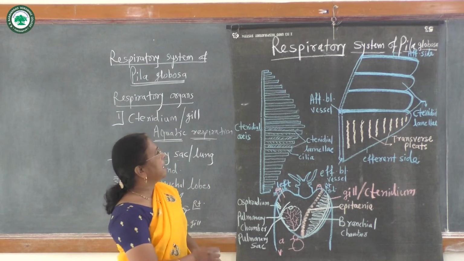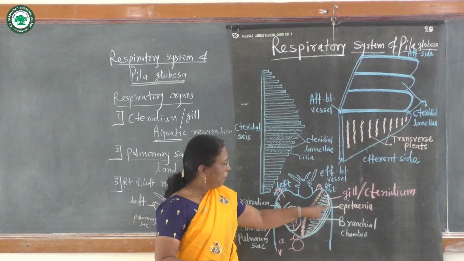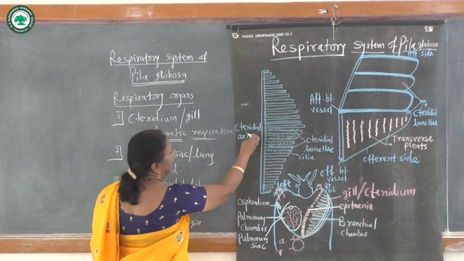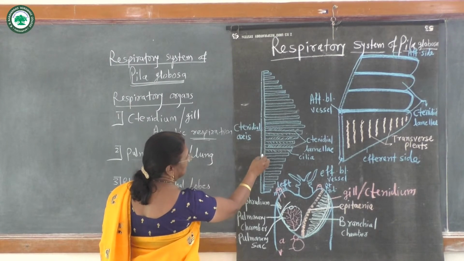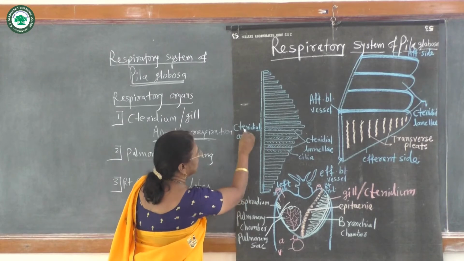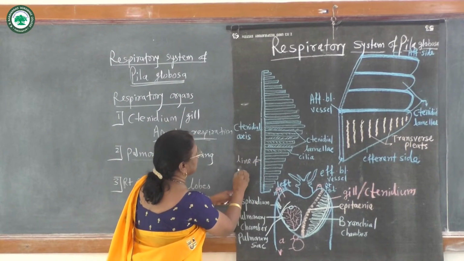The right side wall of the mantle has the attachment. That attachment of the gill is called the line of attachment or ctenidial axis.